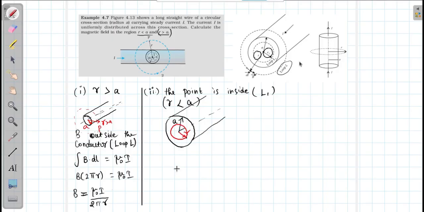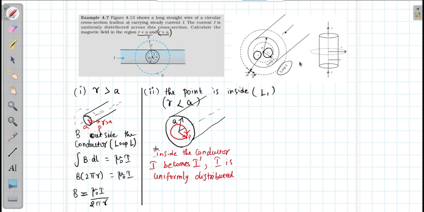What happens now here? The current is not the same. At the point inside the conductor, I becomes I dash. Why? Because the current is uniformly distributed.